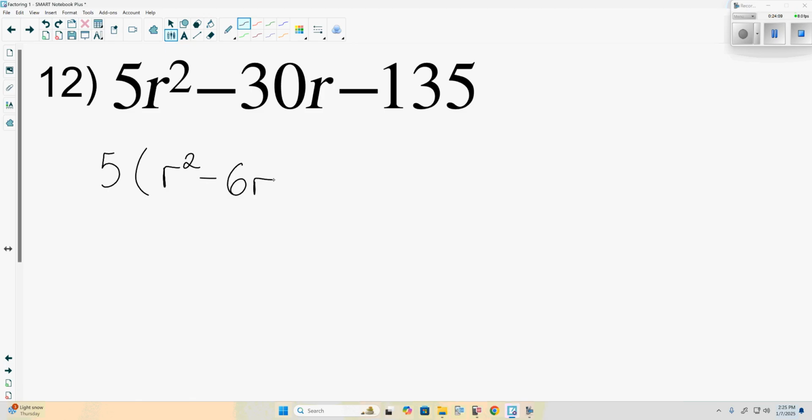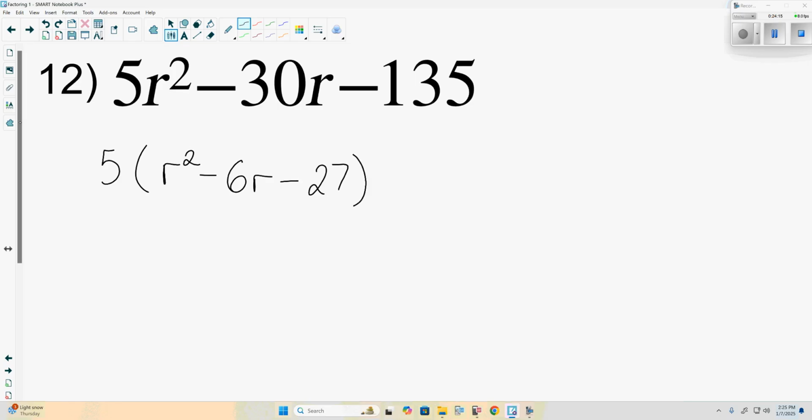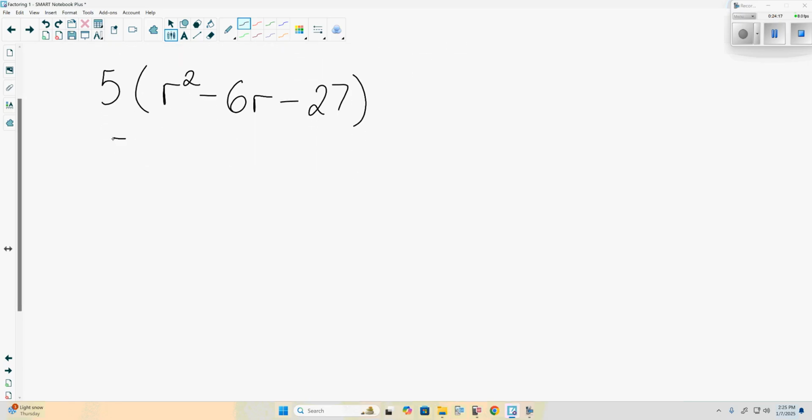If we factor 5 out of 135, we're left with 27. Now, there are no other common factors because we did pull out the greatest common factor of 5. So we can move on to step 2, our 2 sets of parentheses with 3 spaces.